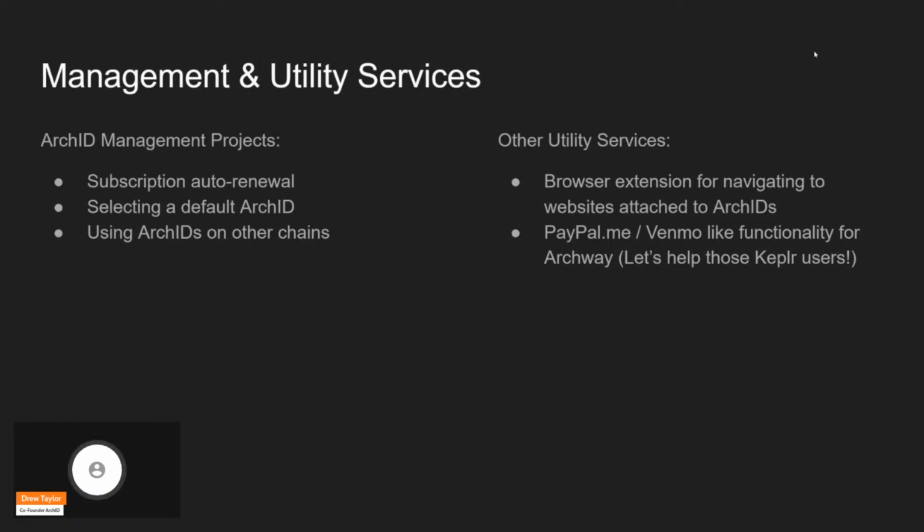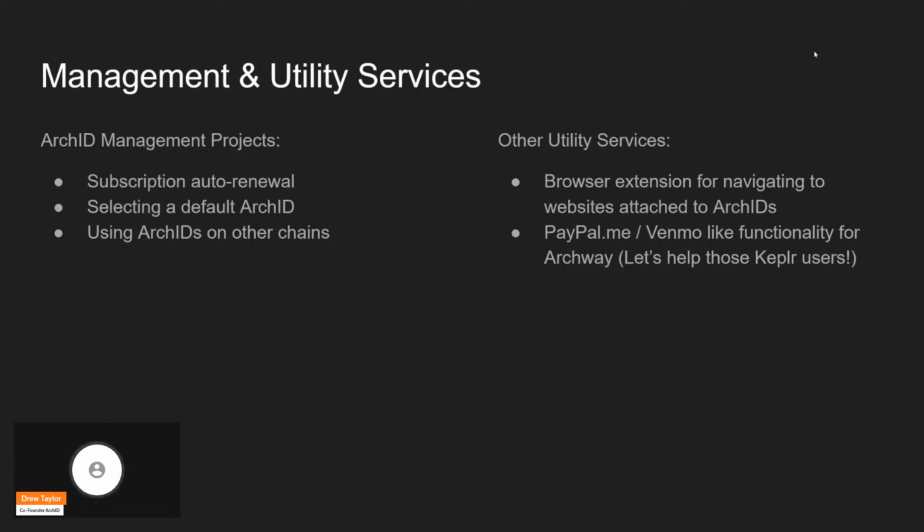This could be really useful for things like business to business and business to customer invoicing. I see a lot of amazing things that a service like PayPal.me or Venmo could provide for the Archway network.